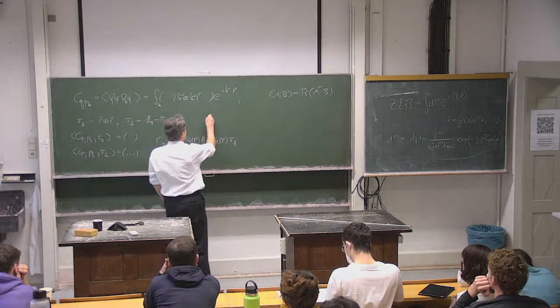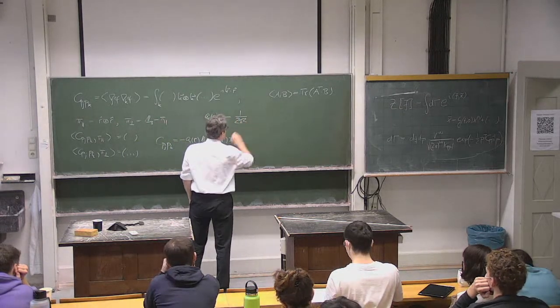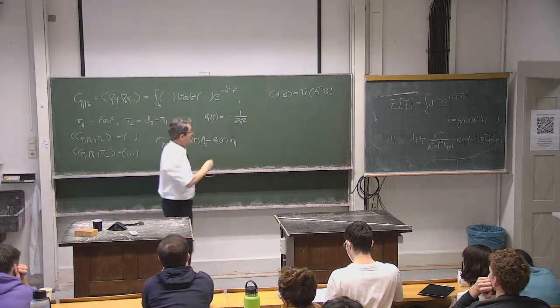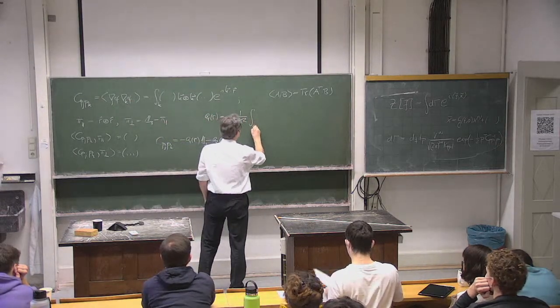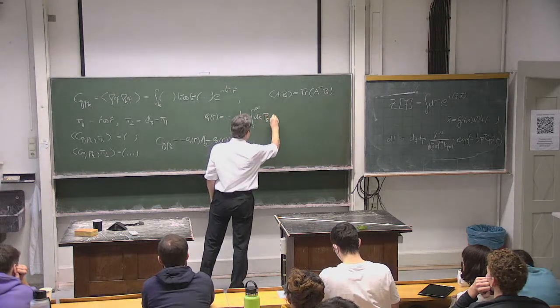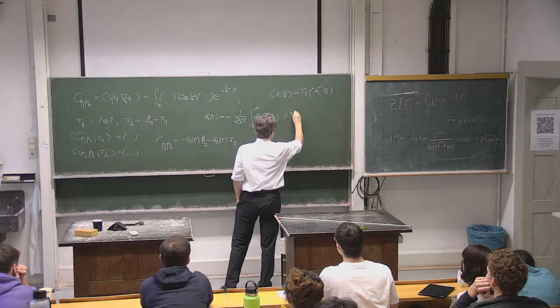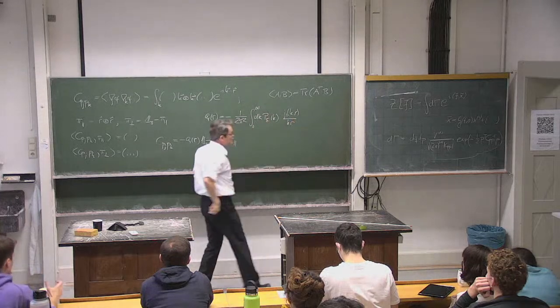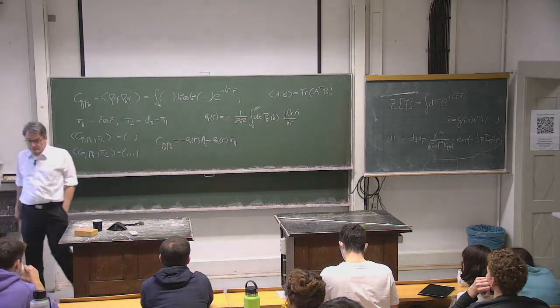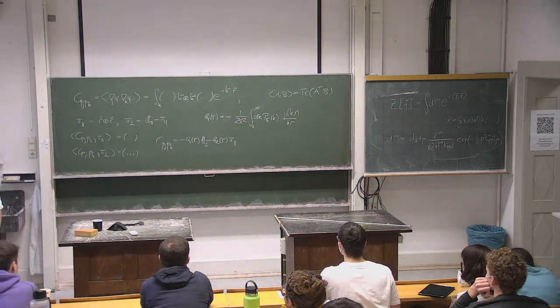And the function a1 of r is defined to be 1 over 2 pi squared, integral from 0 to infinity dk k P_delta of k times j1 of kr divided by kr. And the little j1 was the spherical Bessel function of first order and first kind.